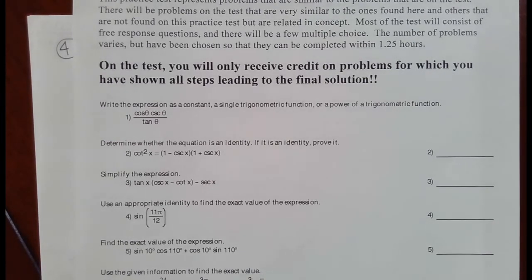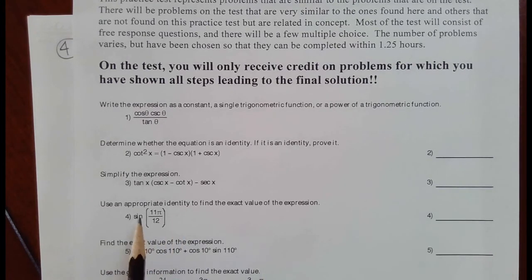So in your calculator, you can just put in 11 times 180, that's what pi is, 11 times 180 divided by 12. Go ahead and do that. Let me grab my calculator.